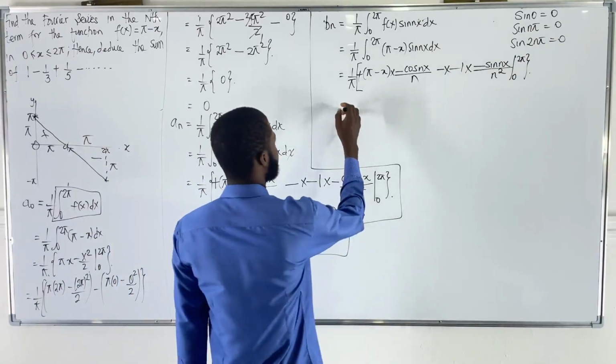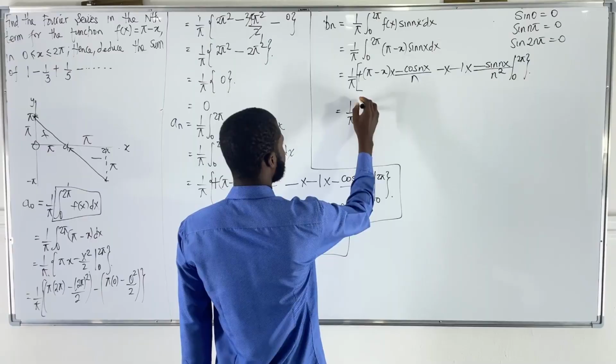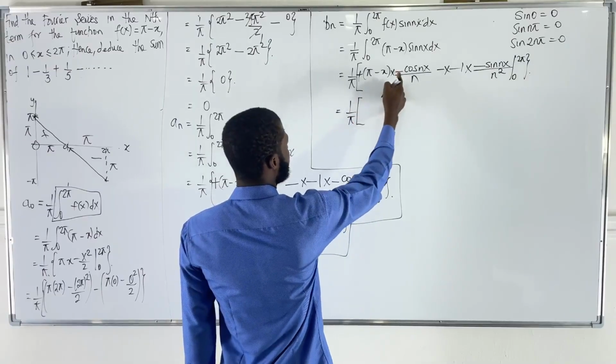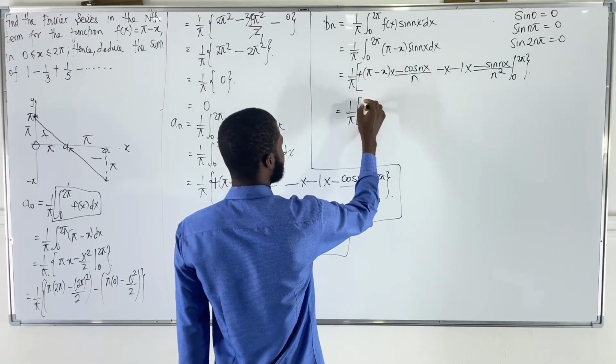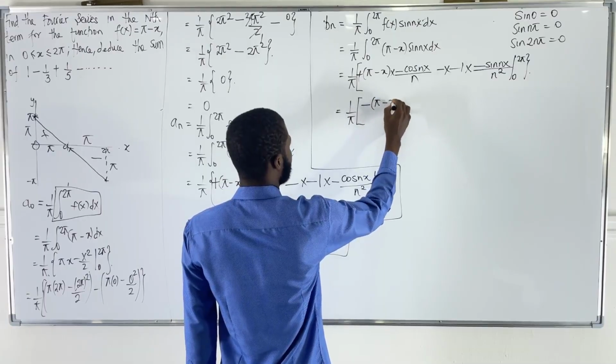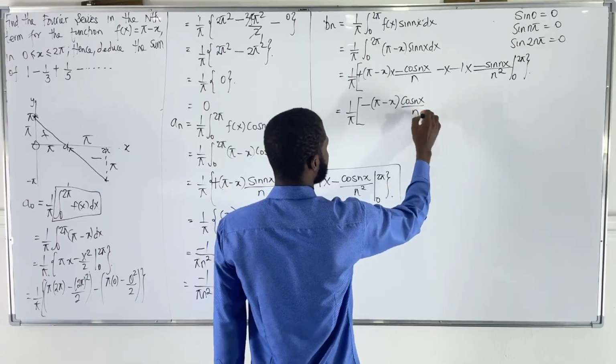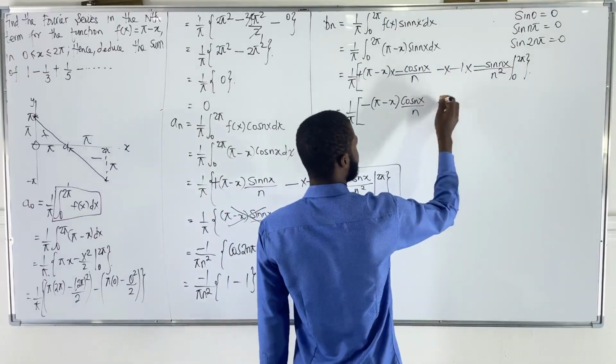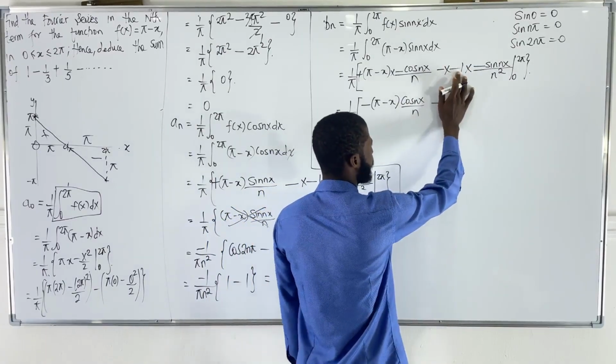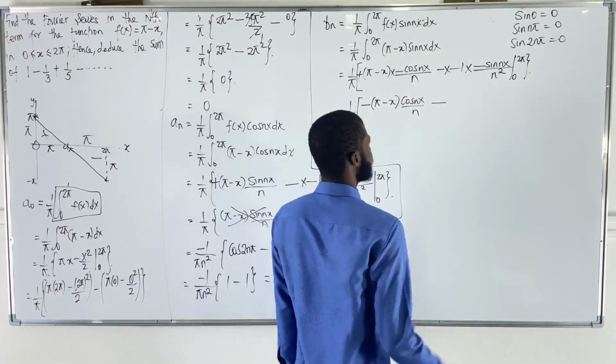Let's simplify our bracket. So this is 1 over pi. The minus, I can just bring it here. So this is minus pi minus x of cosine of nx over n. Now minus minus minus will give me minus, because minus times minus is plus, plus times minus, that's minus.